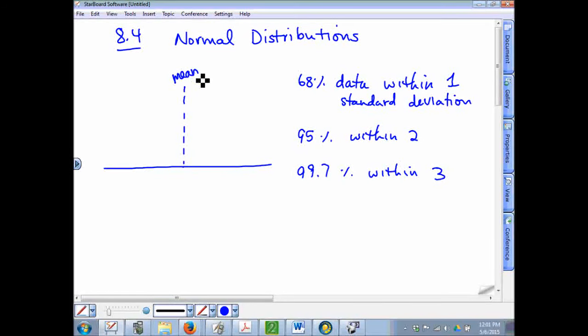Draw a dotted line here, and draw another dotted line here. This represents +1 standard deviation. This here represents -1 standard deviation. So you add a standard deviation or you subtract a standard deviation.